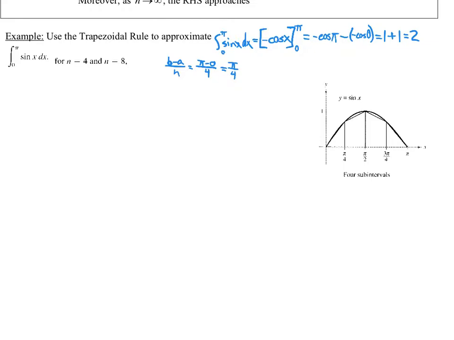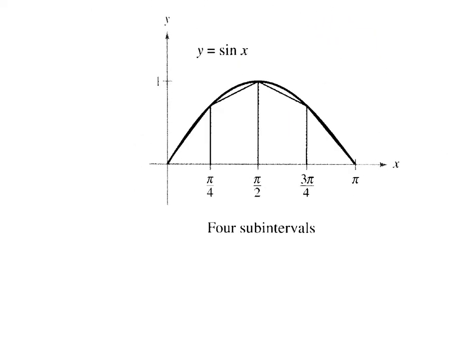So if I'm starting at 0, notice here this one's already drawn for us. I have 0, pi over 4, 2 pi over 4, 3 pi over 4, and then here at the end 4 pi over 4.